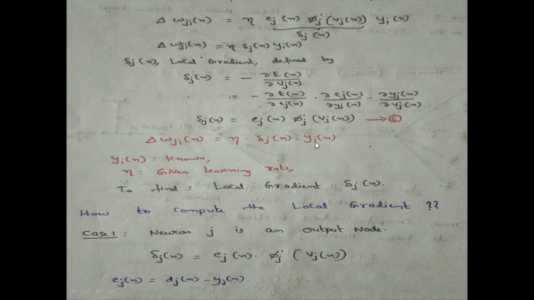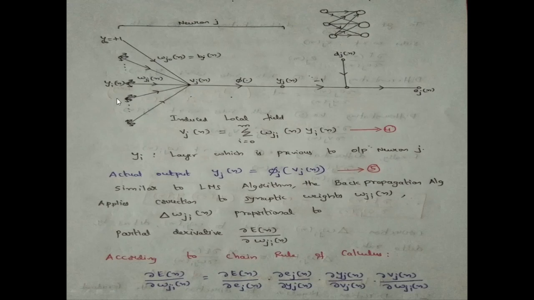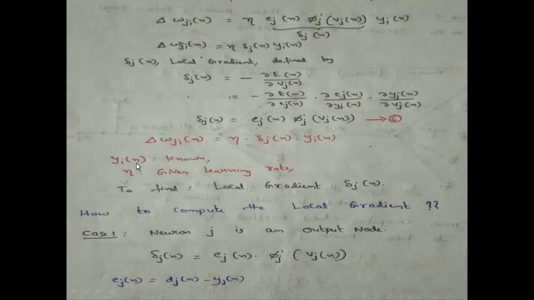This Yi of n is the input to the neuron j, as you can observe in this diagram. Since Yi of n is a known value and eta is the given learning rate, what we have to find is delta j of n, which is nothing but the local gradient.